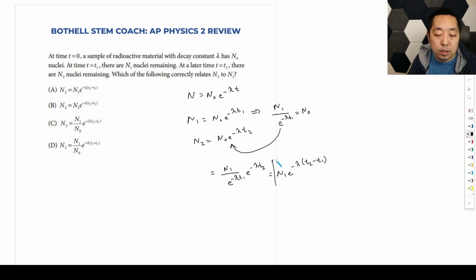And so that's why you get something like that. It's not C. Oh yeah, it's A here. There's no N0 here, right? Because we replaced the N0 with this quantity.